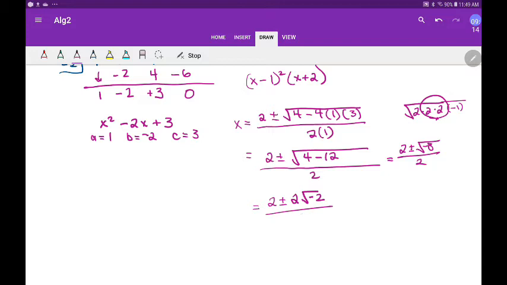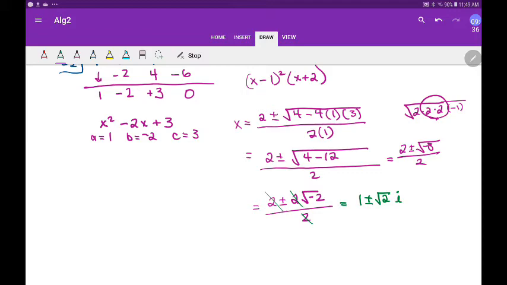And there's a 2 on the bottom. Okay, so now the 2 on the bottom is going to cancel. It has to cancel with both of these terms in the top, and it does. So I get 1 plus or minus the square root of 2, and instead of saying negative 2, I'm going to put an i out here.